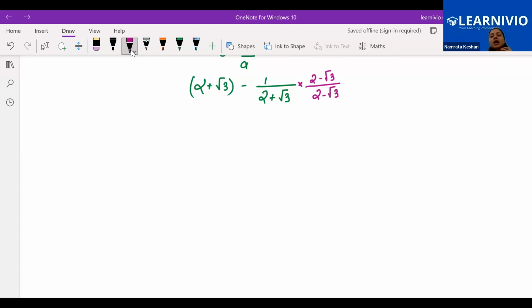Any fraction we are having anywhere, suppose I have given you one fractional addition, like 5 by 2 plus 7 by 3 minus 8 by 7, one simplification. Now you are allowed to do multiplication in numerator and denominator.